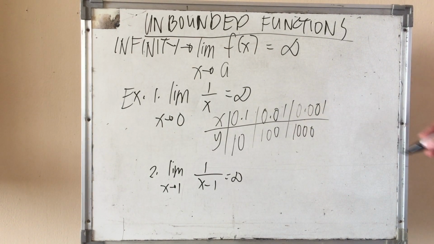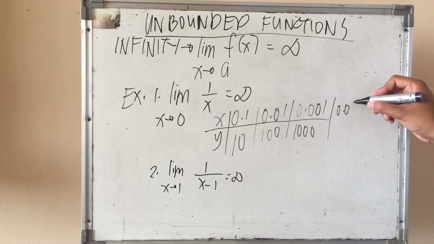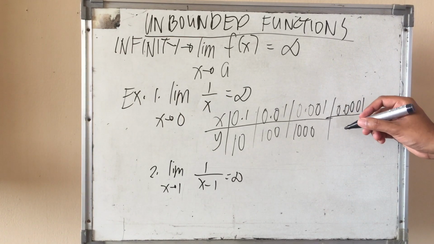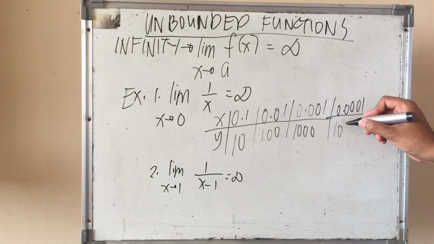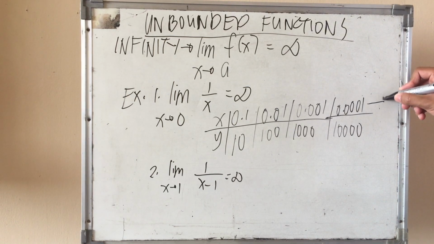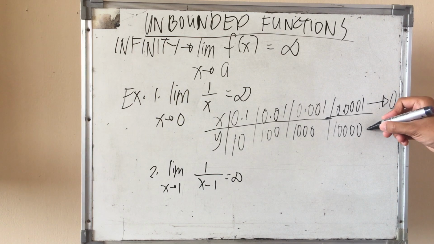If we set again our x as 0.0001, our value for y will be equal to 10,000. So if you observe from this solution, as x approaches 0, the value of y approaches infinity.